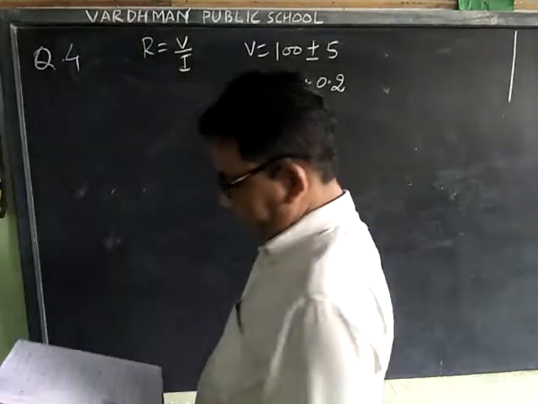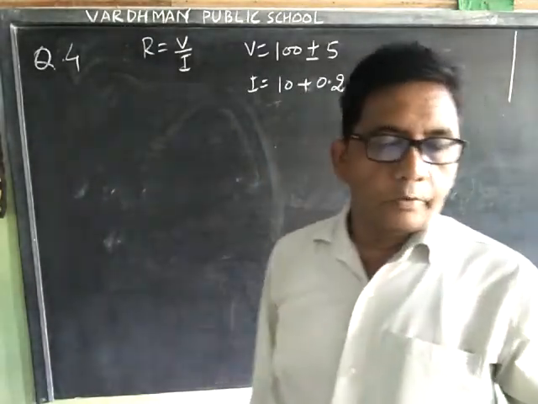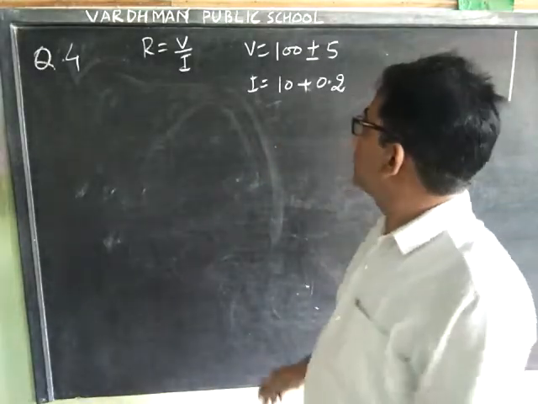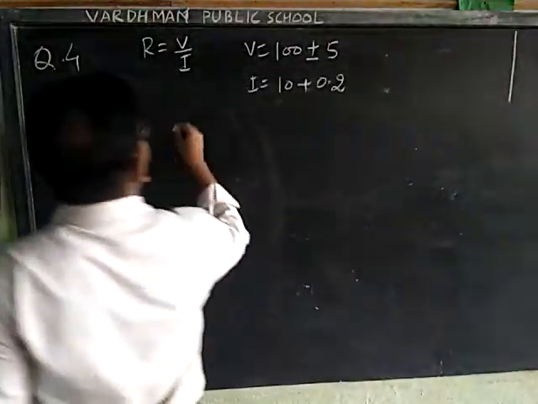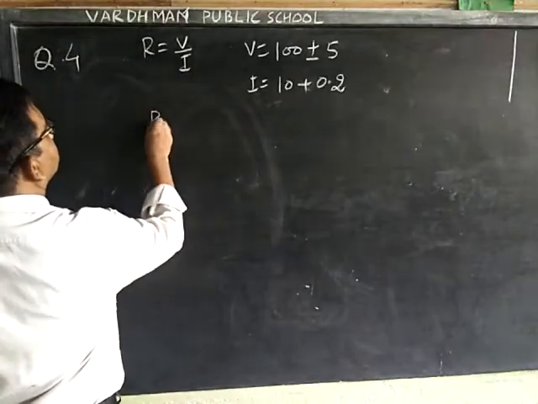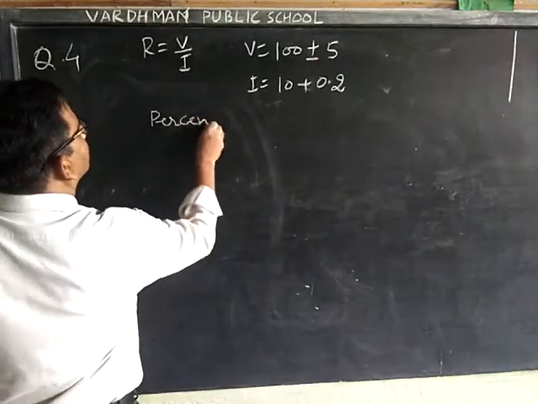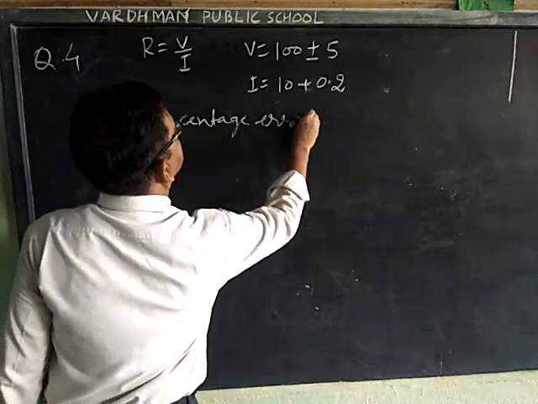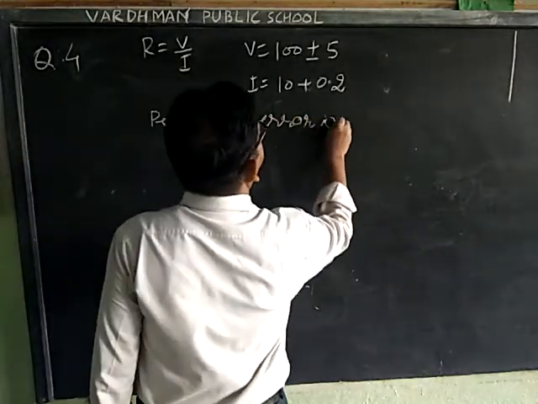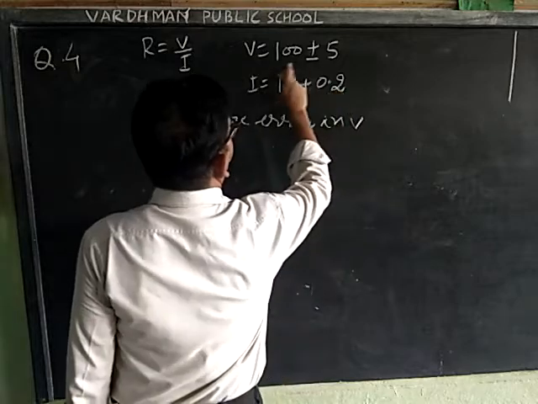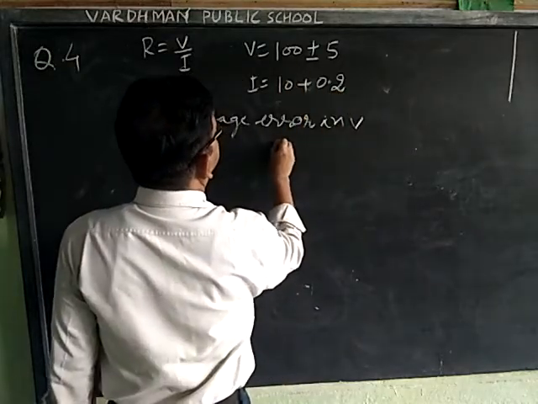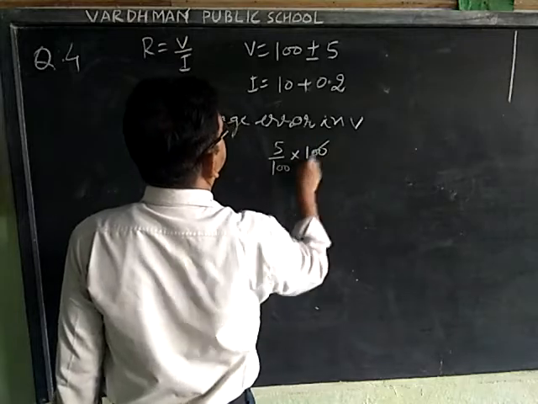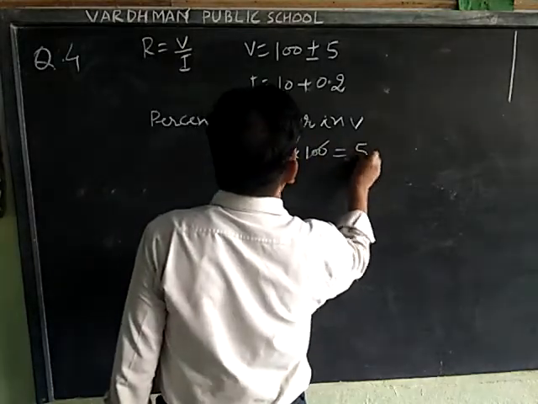Resistance is given that R is equal to V upon I. Since we need percentage error, first we find percentage error in V: 5 upon 100 into 100, this becomes 5%.